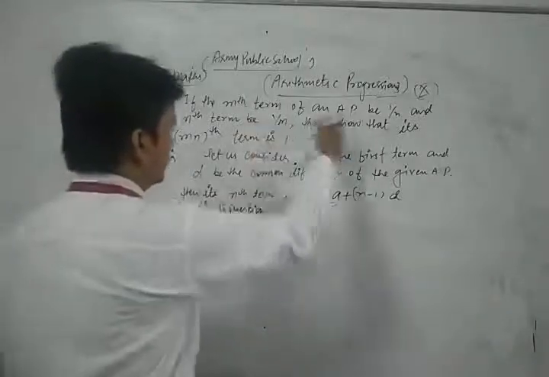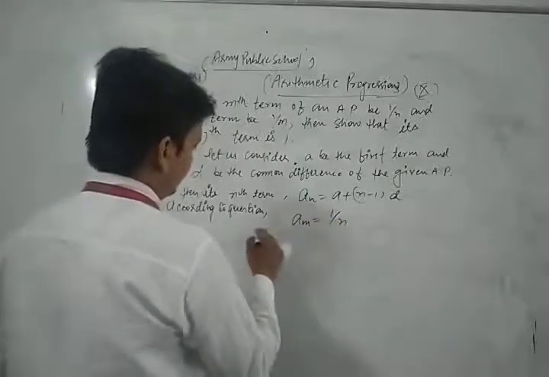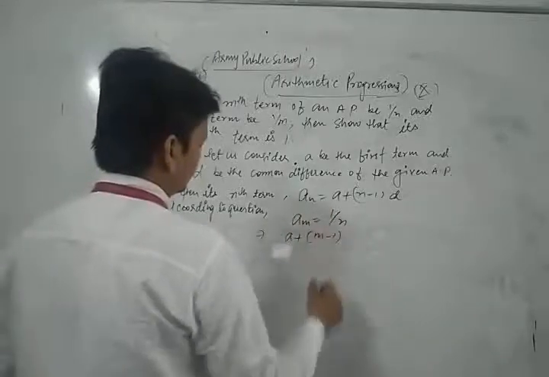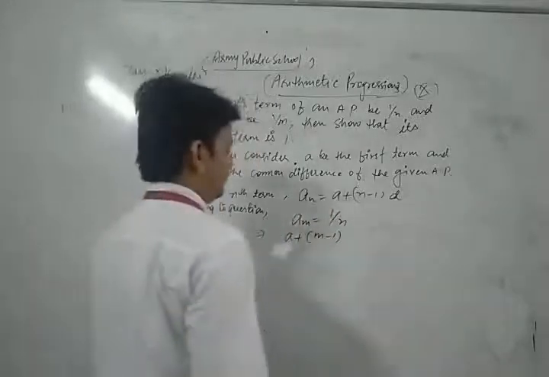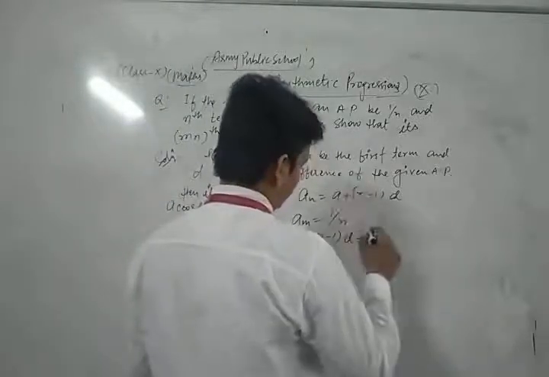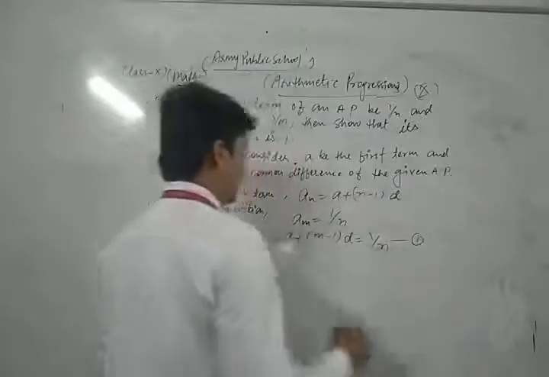According to this question, its mth term is 1 upon n, that is a_m is equal to 1 upon n. We write a plus m minus 1 into d is equal to 1 upon n. Take this as equation 1.